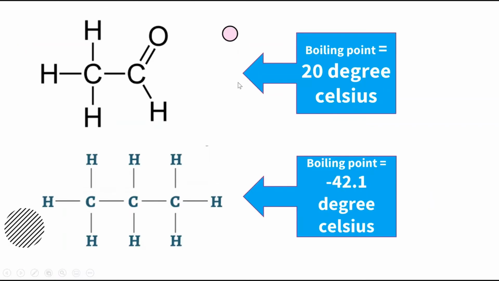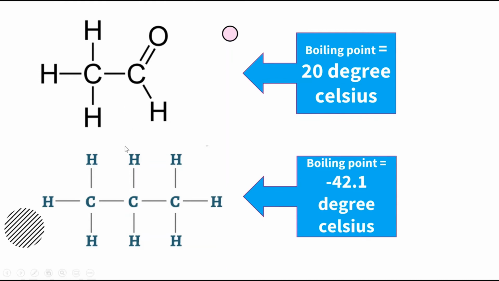The boiling point of acetaldehyde is 20 degrees Celsius, whereas that of propane is minus 42.1 degrees Celsius. So we see that acetaldehyde has the higher boiling point. What makes the difference? Why do we need more energy to overcome the intermolecular forces in liquid acetaldehyde?